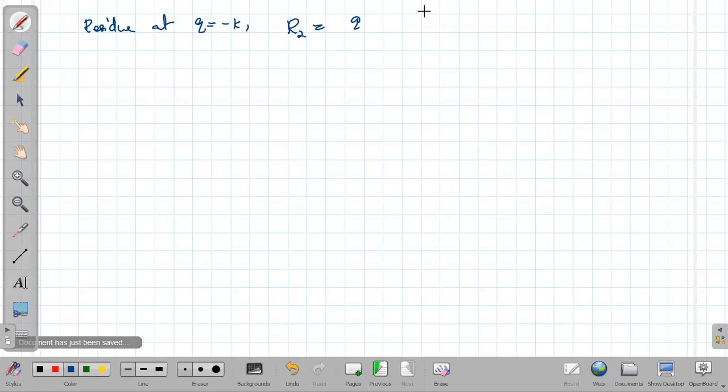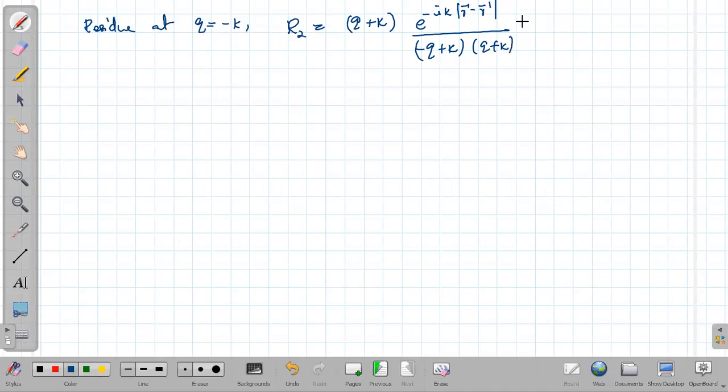It becomes q plus k, e raised to minus ik modulus of r minus r prime divided by minus q plus k and q plus k. There is a q here, and we have to put q equal to minus k.